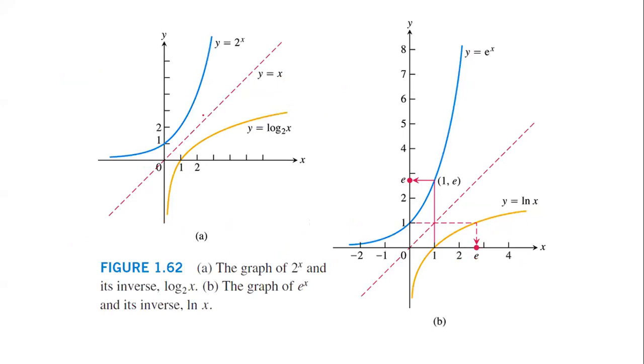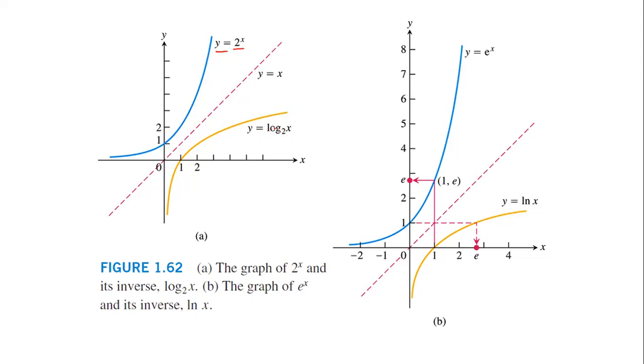Now, here is an example. Instead of y equal to a to the power x, we have y equal to 2 to the power x. So we're taking some numbers. And instead of y equal to log to the base a of x, we have y equal to log to the base 2 of x. And it's very clear that these two are inverses of one another. You can prove that.